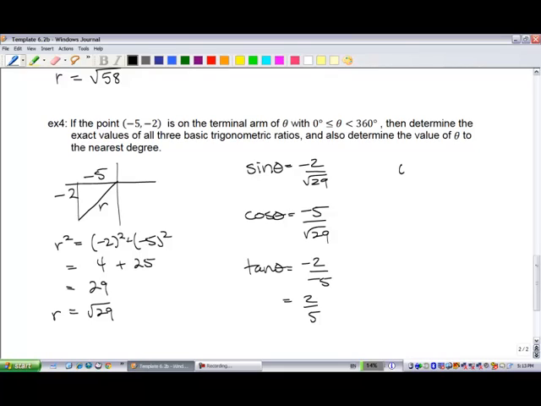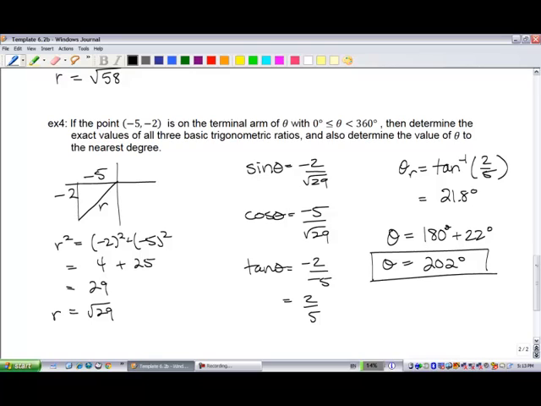Let's go with the positive value here. Reference angle is going to be arctan of 2/5, which is 21.8 degrees, basically 22 degrees. And our standard position angle is, because we're in quadrant 3, 180 degrees plus that 22 degrees, which gives us 202 degrees.